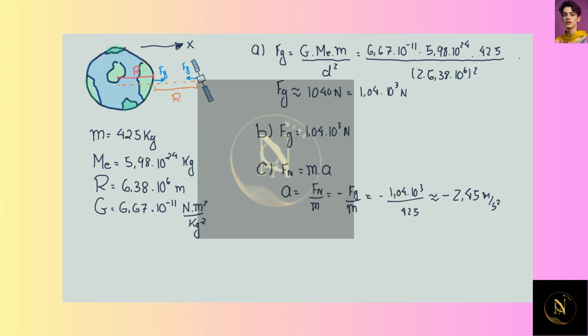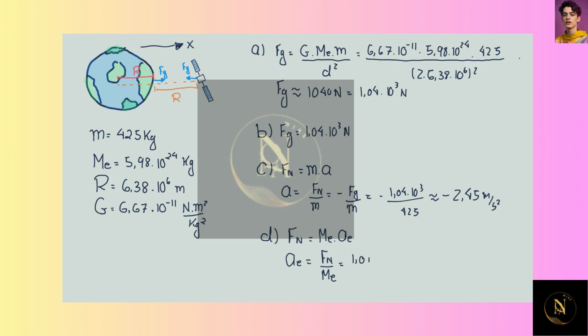Then, for the last item, we have to calculate what is the acceleration of the Earth. Again, we have to use Newton's second law, so the net force being exerted on the Earth is equal to the mass of the Earth times its acceleration. Then, the acceleration of the Earth is given by the net force exerted on the Earth divided by its mass, which, again, the net force exerted on the Earth is the gravitational force, but this time it's exerted to the right, so it's positive.